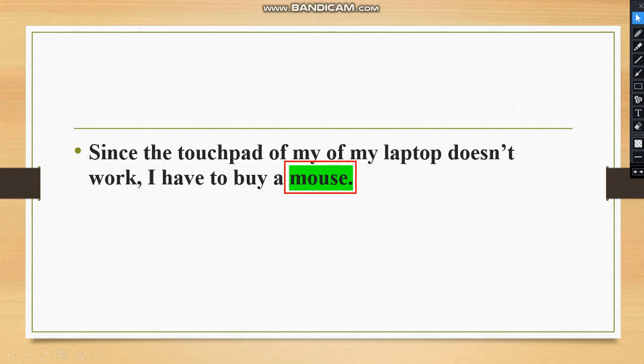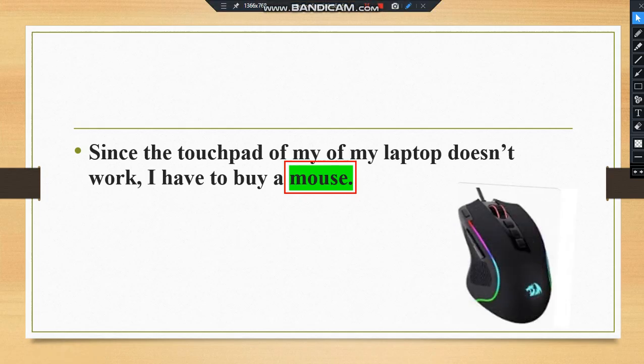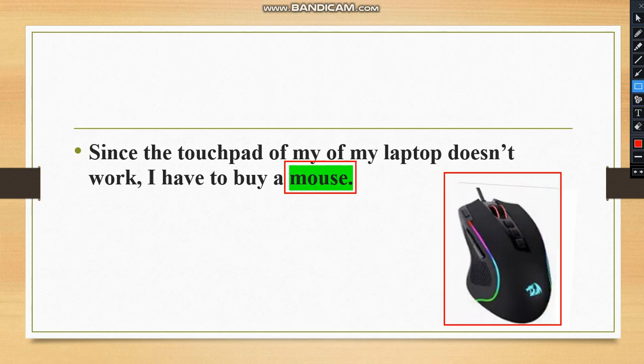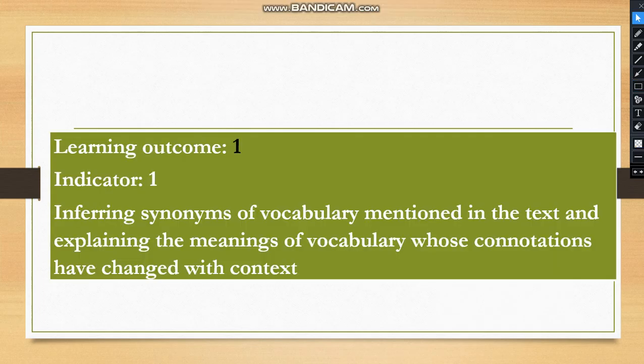It refers to a device that you normally use in your daily life. You connect it to your system and you use it. So you saw in the given examples that in the previous example it meant an animal, and in this example, mouse means this object, this device. So the connotation of the word has changed. This is what we call connotation change.